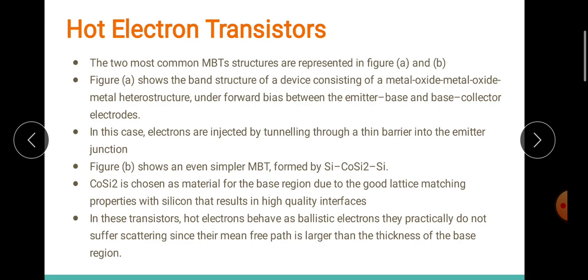So we have seen what is hot electron effect. Then we saw how that can be used, how you can capture the hot electrons. Two methods. How this effect can be used to develop a transistor.